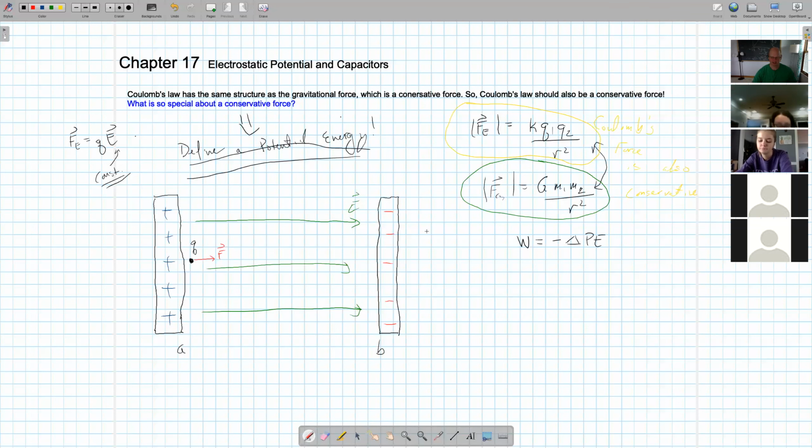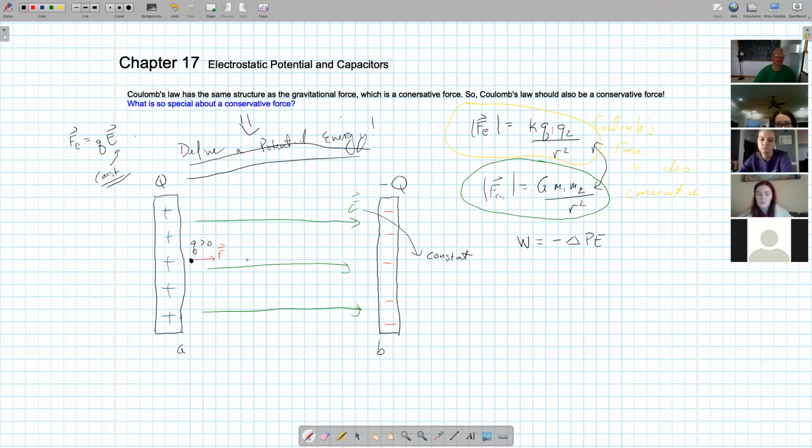So to figure out what the potential energy should look like, let's look at this situation. Let's take two parallel plate capacitors, where this one has a charge of positive Q and this one has a charge of negative Q, and we know this is going to set up an electric field in between our two plates, where that electric field is simply equal to a constant. Now, we're going to take a positive test charge and stick it inside these plates, and this thing is going to feel a force in exactly the same direction as the electric field.